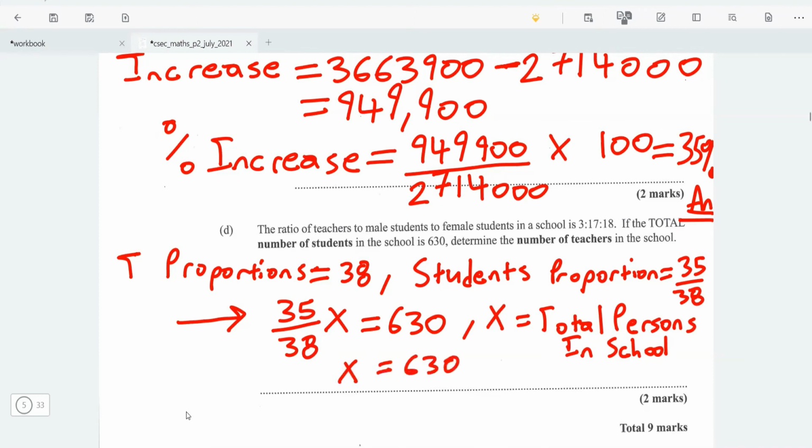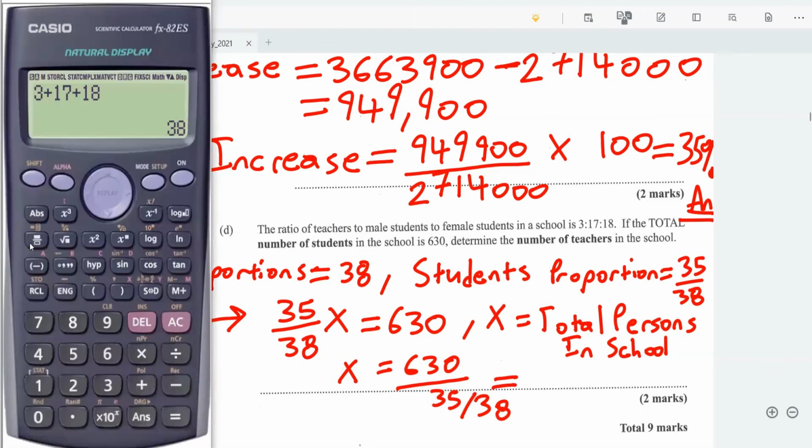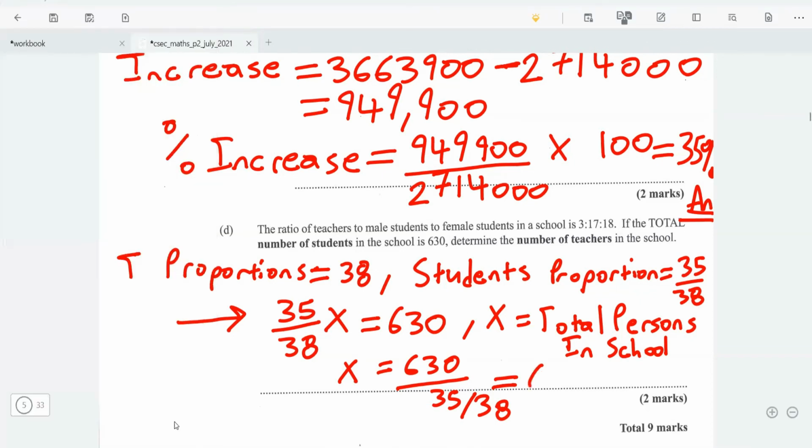So 630 divided by 35 over 38, that's going to give us, we take out our calculator again, 630 divided by 35 over 38, that's going to give us 684. So therefore, there are 684 people in the school.